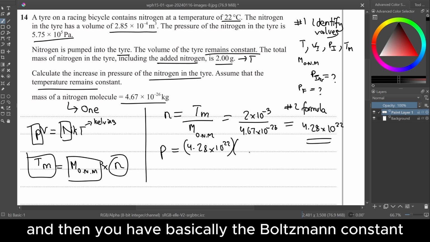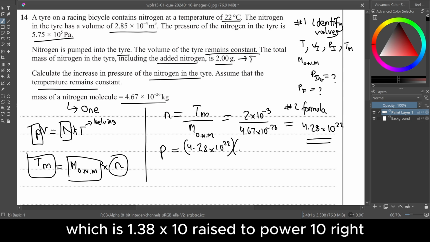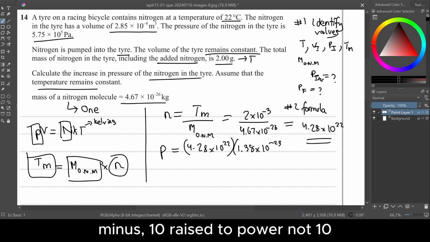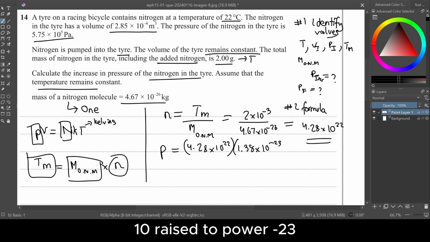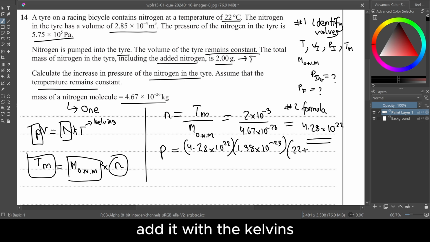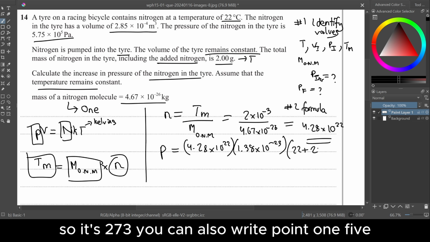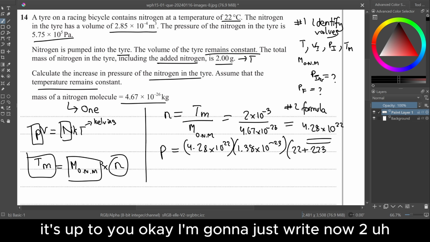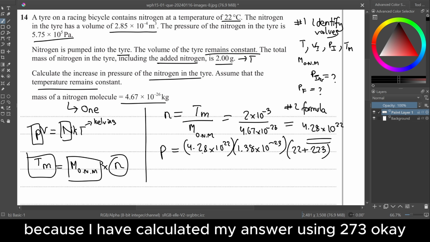And then you have the Boltzmann constant, which is 1.38 times 10 raised to power minus 23. And then you have your temperature in kelvins, so it's 273. You can also write 273.15, it's up to you. I'm just going to write 273 because I have calculated my answer using 273.